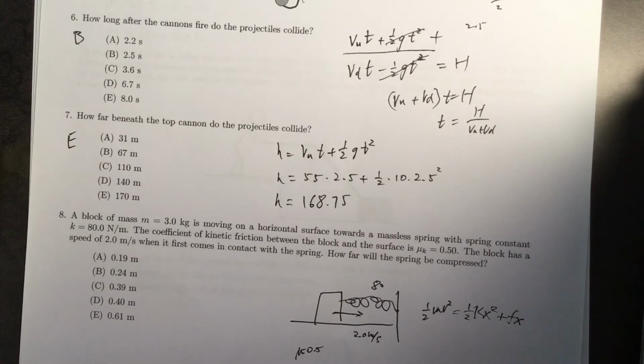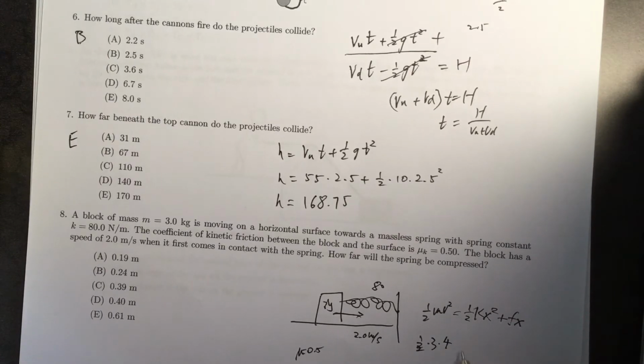So 1/2 mv squared, m is equal to 3 kg. We've got to write that down. 1/2 times 3 times 2 squared, which is 4, is equal to 1/2 times 80 times x squared plus the friction, mg mu.